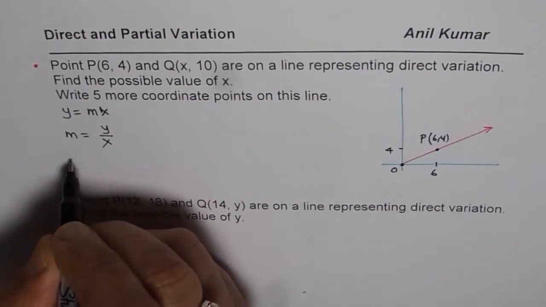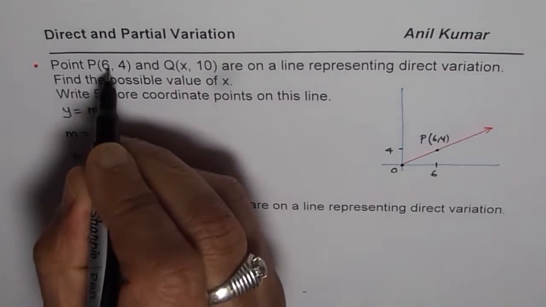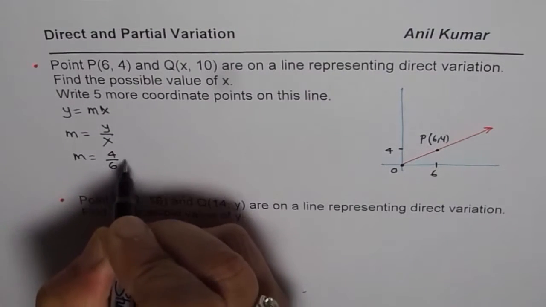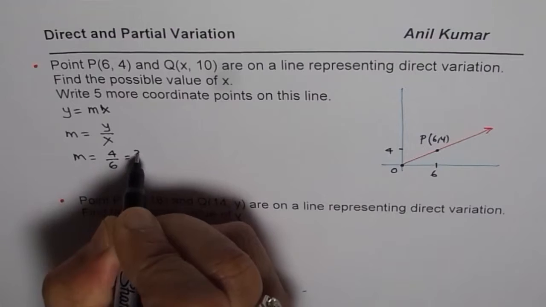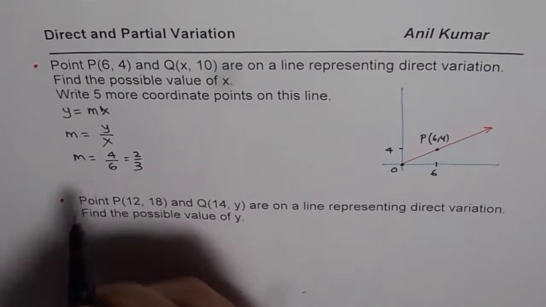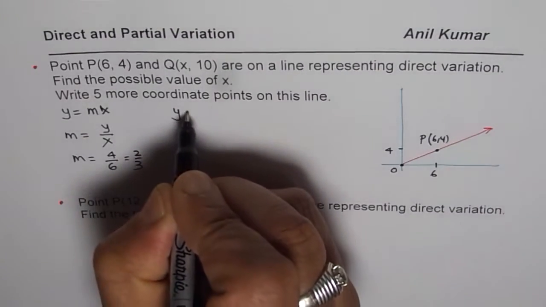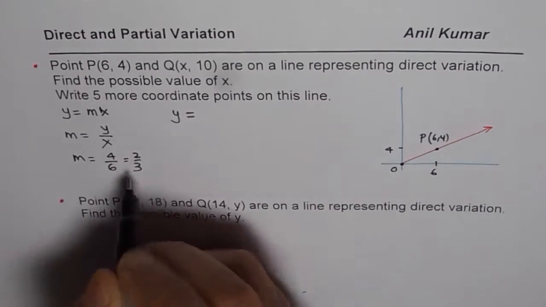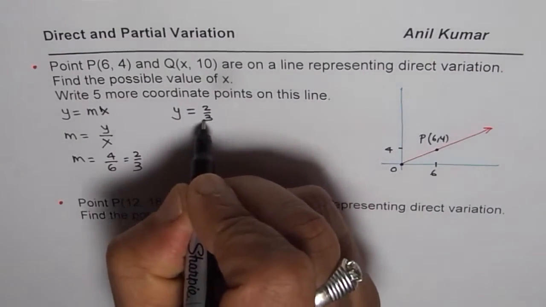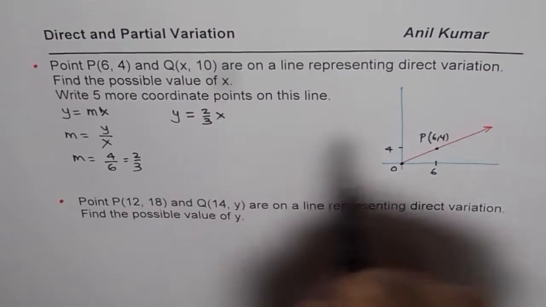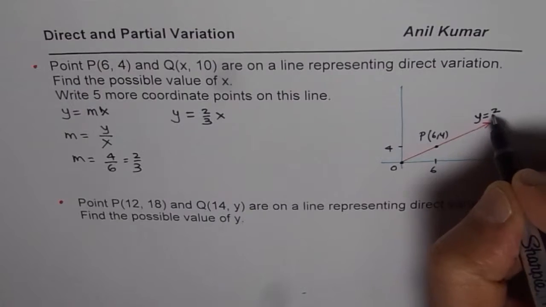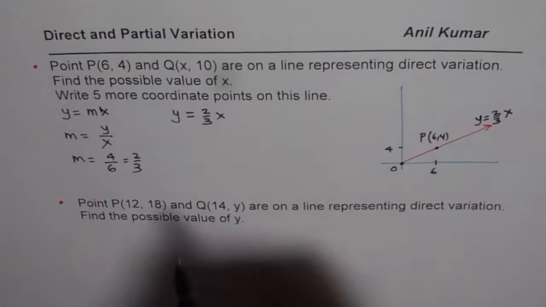In this case, y is 4 and x is 6, so we get 2 over 3. Therefore, y equals 2 over 3 x, and that becomes the equation of this line.